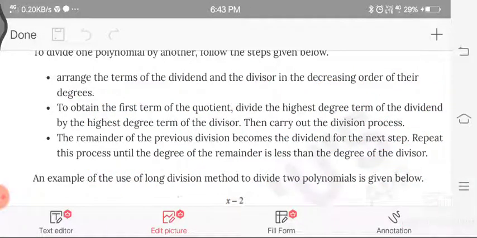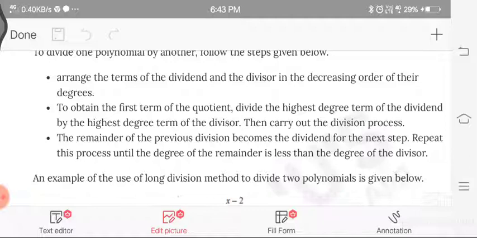At that time, to obtain the first term of the quotient, divide the highest degree term of the dividend by the highest degree term of the divisor. Then carry out the division process.